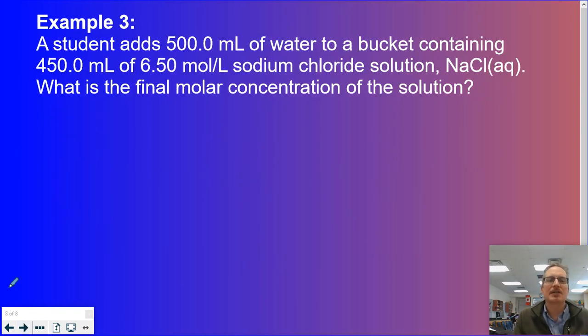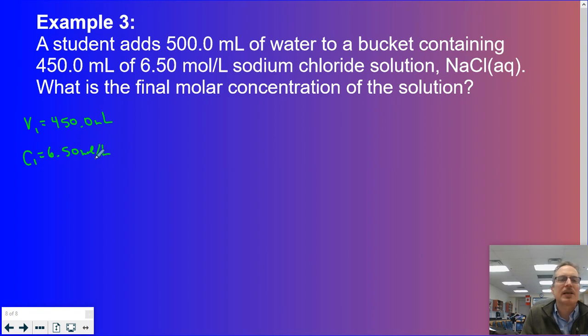Last question, example 3. Again, you should probably try this one for yourself and then join me to check the answer. So a student adds 500 mils of water to a bucket containing 450 milliliters of 6.5 moles per liter sodium chloride solution. So my initial volume is 450 milliliters. My initial concentration is 6.50 moles per liter.